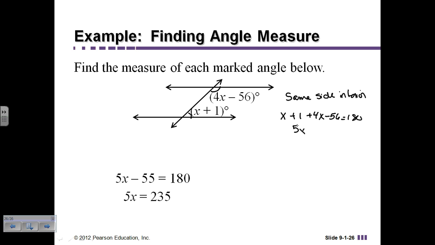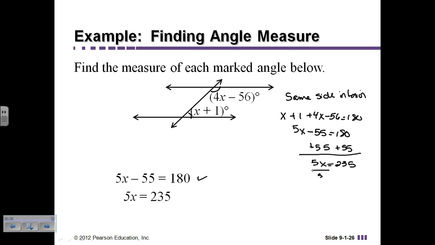So we end up with 5x minus 55 equals 180. I'm going to add 55 to both sides, so I end up with 5x equals 235.